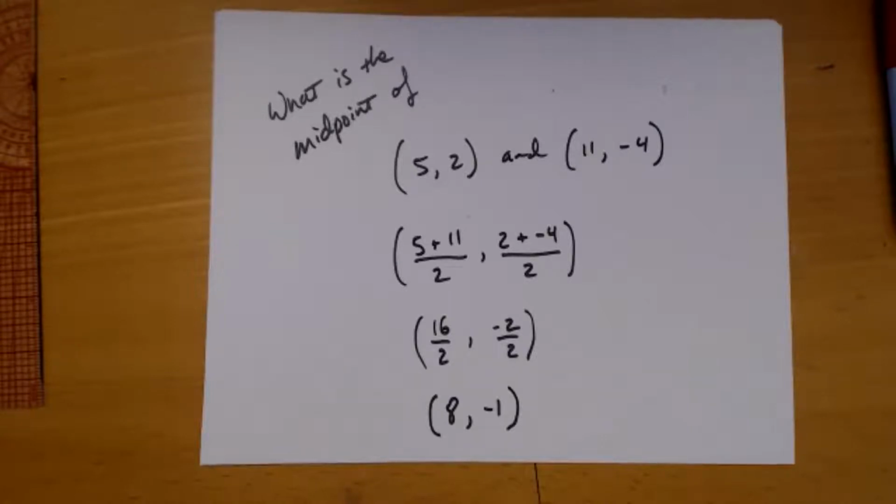Sometimes you're going to get a number with a decimal answer. That's not a problem. You'll leave it as a decimal.